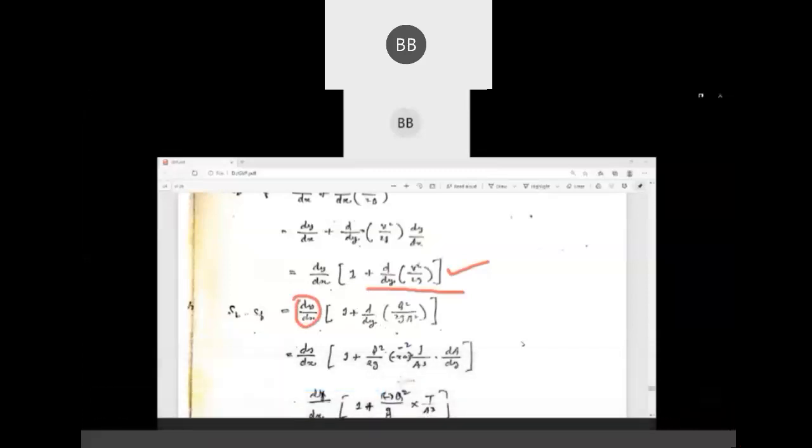Other term, this dy by dx will remain the same. 1 plus d by dy. Then we replace the velocity. Discharge is equal to area multiplied by velocity, or you can say velocity is equal to Q by A. So we are replacing the velocity with Q by A. So velocity square is there, so Q square by A square. Okay.